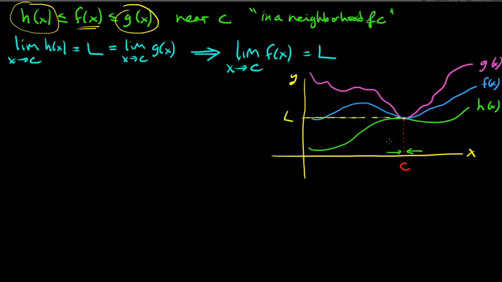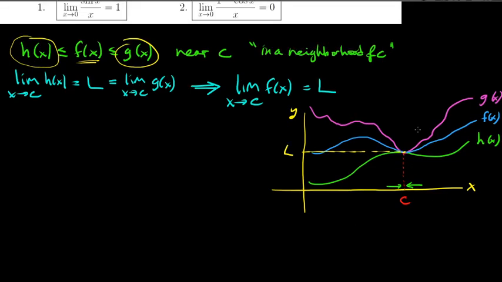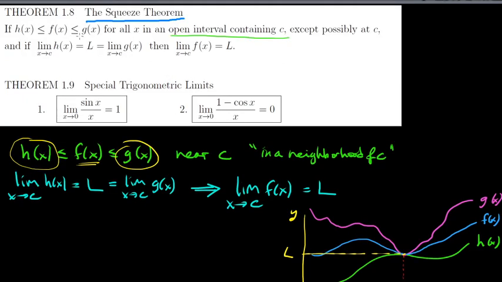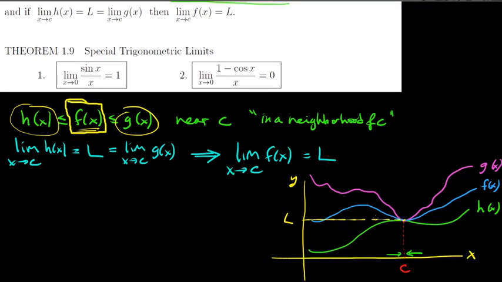I'll call it L. And g of x also approaches L. Well, that forces f of x to also approach L as well, because the graph of the function f is squeezed in between g and h. Okay, so that should make sense then. So that might help explain this squeeze theorem up here. You're squeezing one function, f, in between two other functions that have the same limit. And so f has to have the same limit as well.